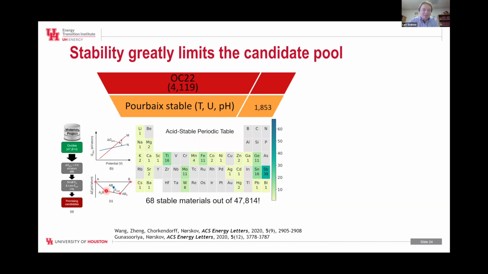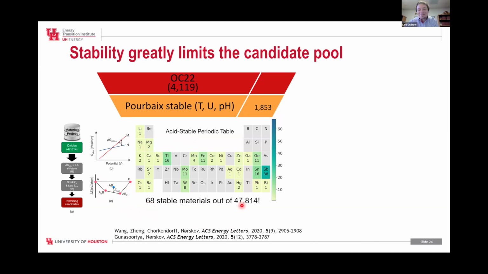So that's the energy versus decomposition to the elements or the binary oxides. In these papers, they also screened the database with slightly different criteria, and they found only 68 stable materials, but began with 47,000.